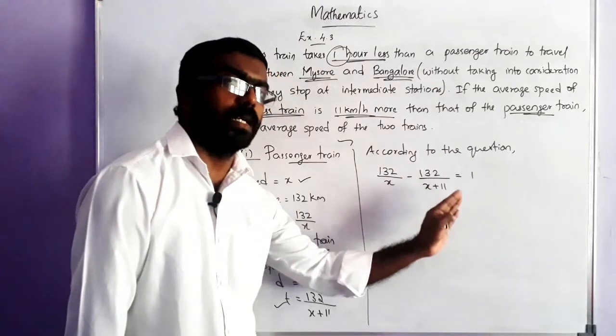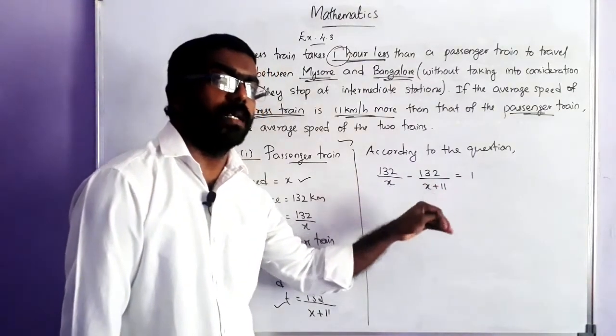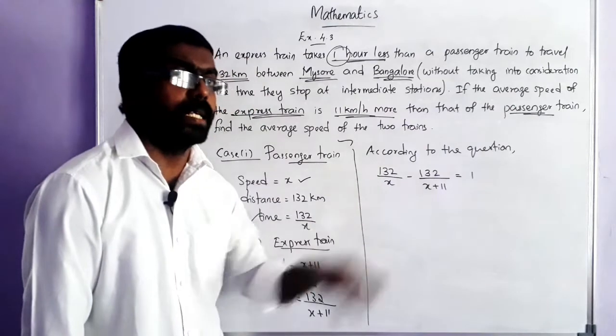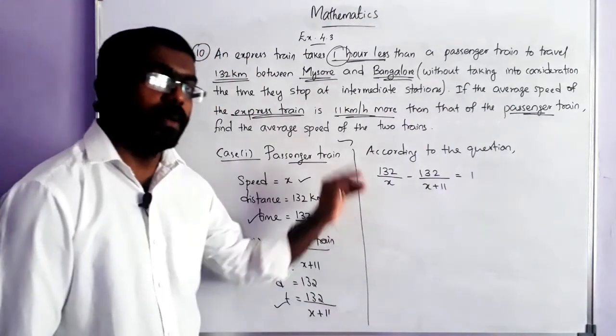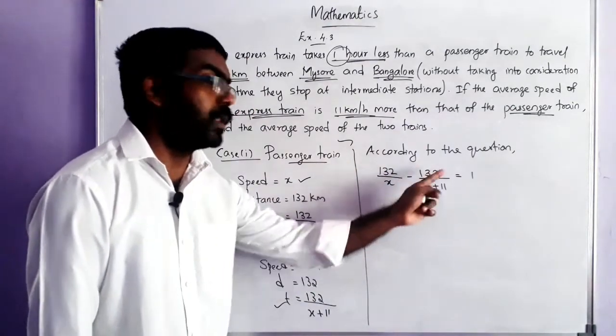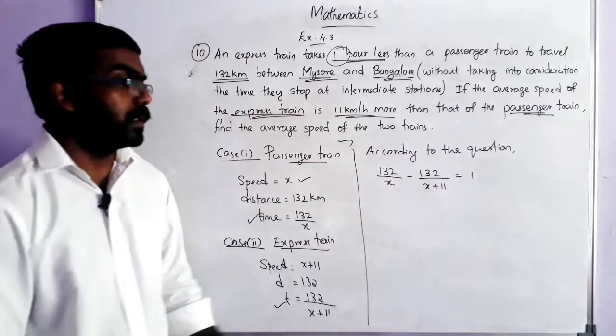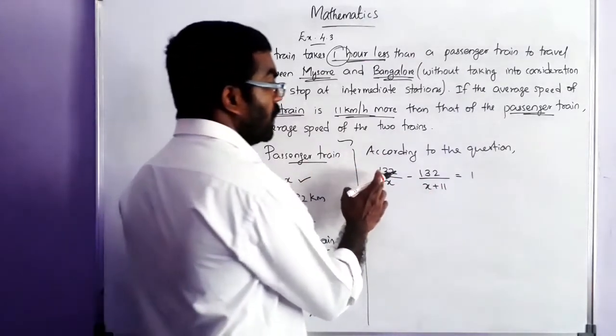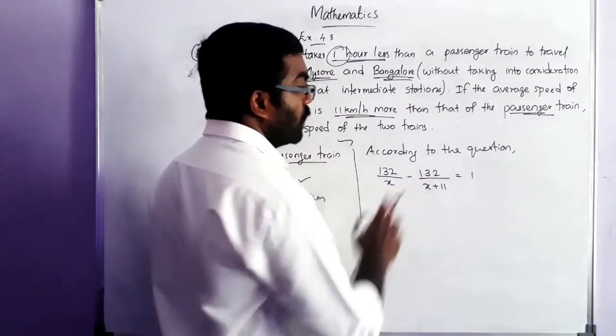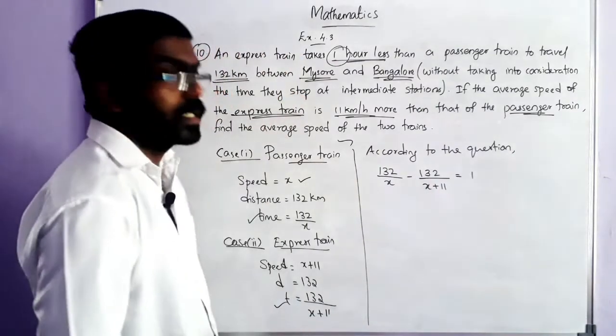As the denominator increases, the value of the fraction decreases if the numerator is the same. Here the numerator remains the same, 132. So the denominator increases, the value decreases. So the larger value is 132 by x and the smaller one is 132 by x plus 11.